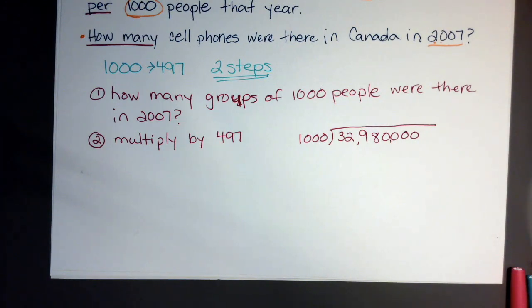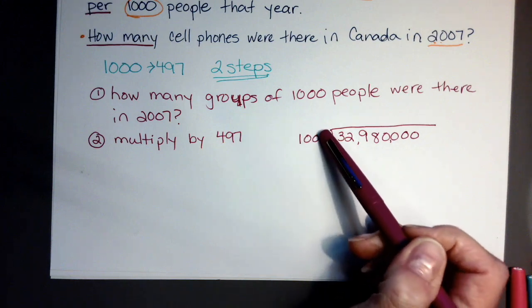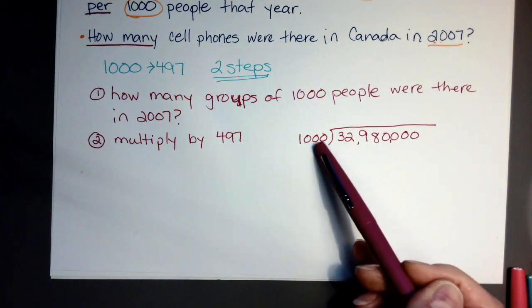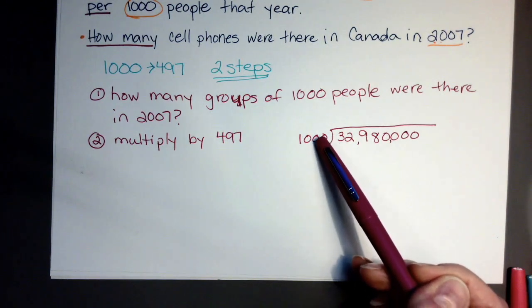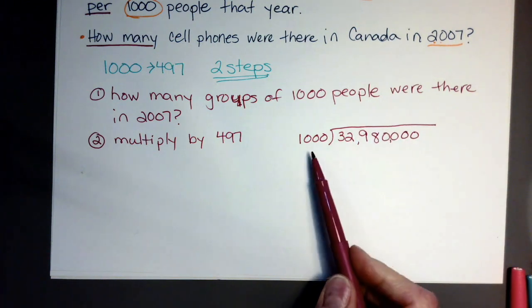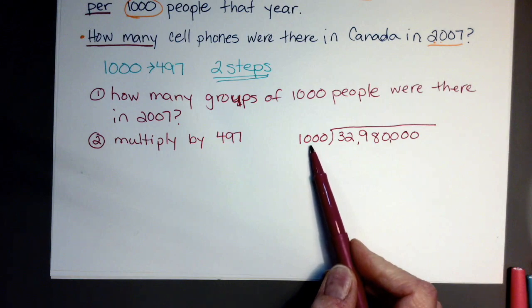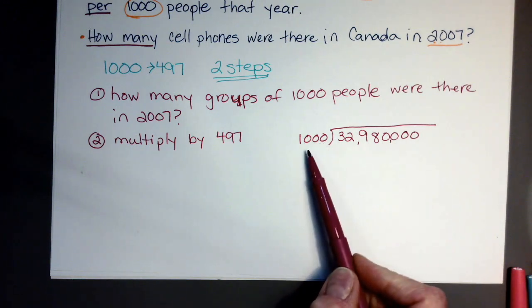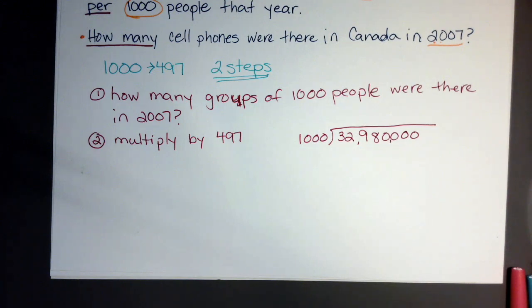Because last year you probably didn't learn much about how to use long division with a divisor that was bigger than one digit. But hopefully you remember from learning about multiplying and dividing large numbers last year that when you are dividing a number by 100 or 1000 or 10 or whatever, you can just cross off zeros if they both have zeros at the end.